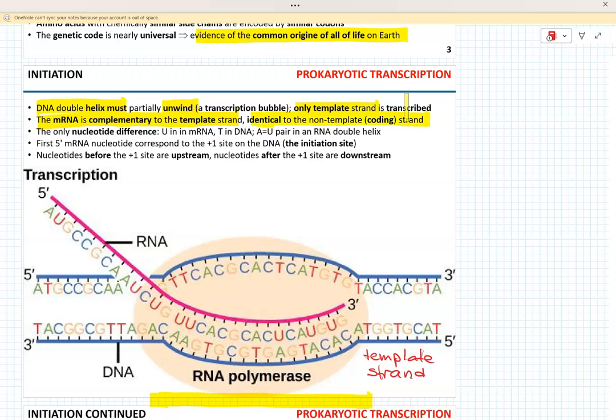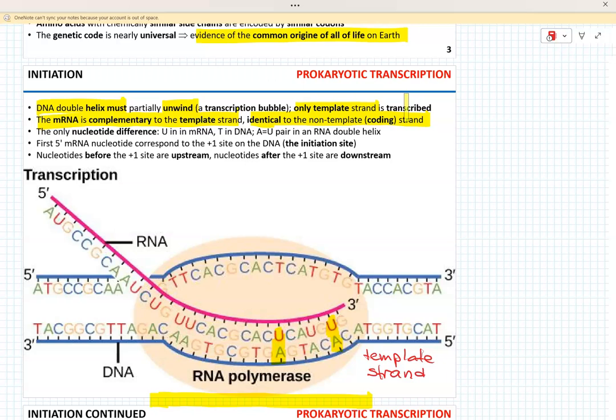The only difference is that while in DNA there's a thymine, T nucleotide, in RNA instead of T there is uracil, which just like thymine forms a pair with A, with adenine.